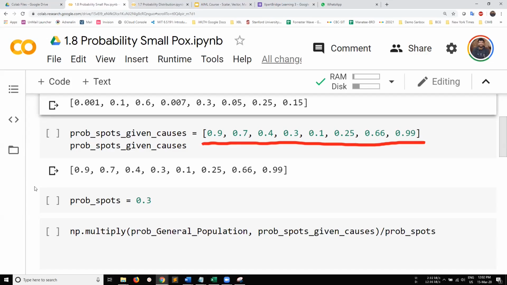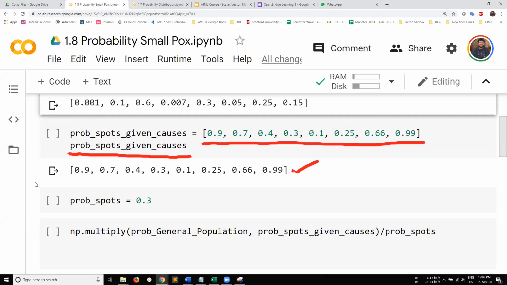These numbers represent the probability of a spot appearing given that a person has smallpox or chickenpox or acne and so on and so forth. And then again, we just type out the name of the variable, and the content of the variable is printed out. So we confirm that the variable has been defined properly.